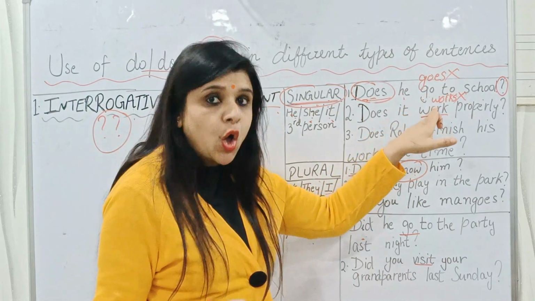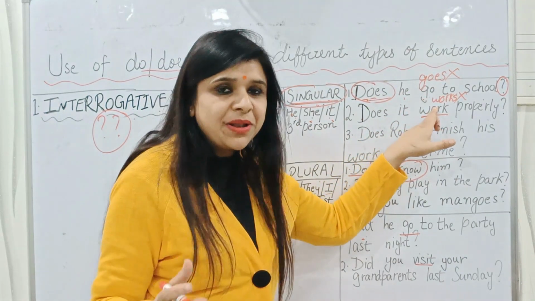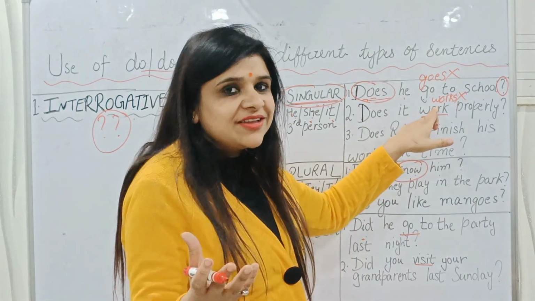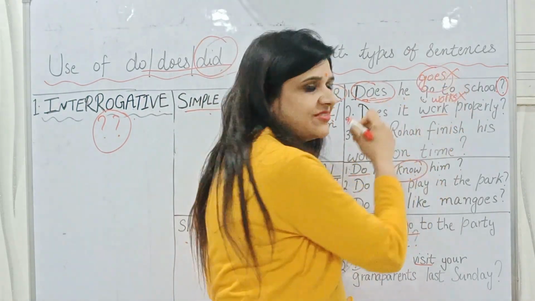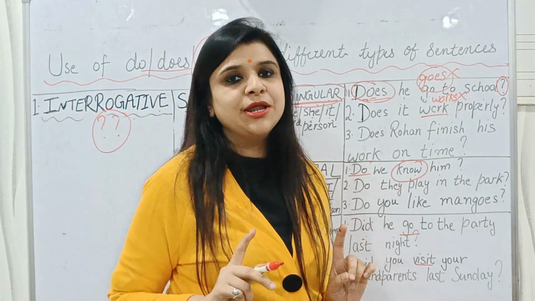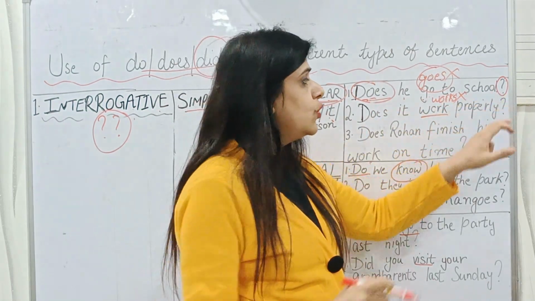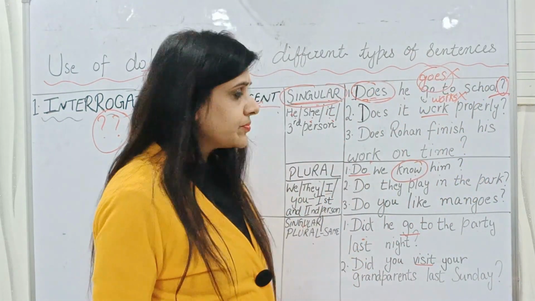Does he go? Now what is the verb here? Go. Now most of the people make mistake here. Instead of go, you have heard goes. Does he goes? Does he rides? That is absolutely wrong. We take it in the first form. Does he go to school? And the question mark.